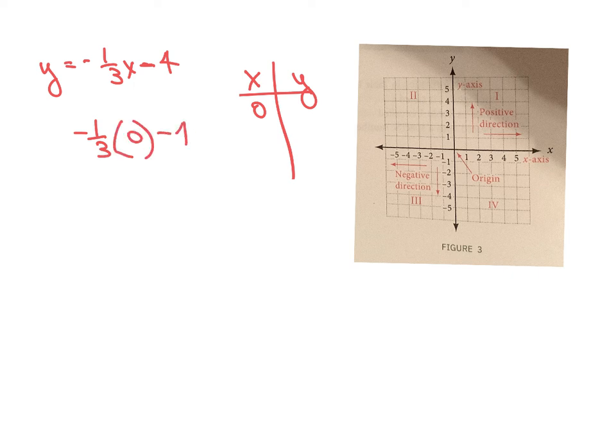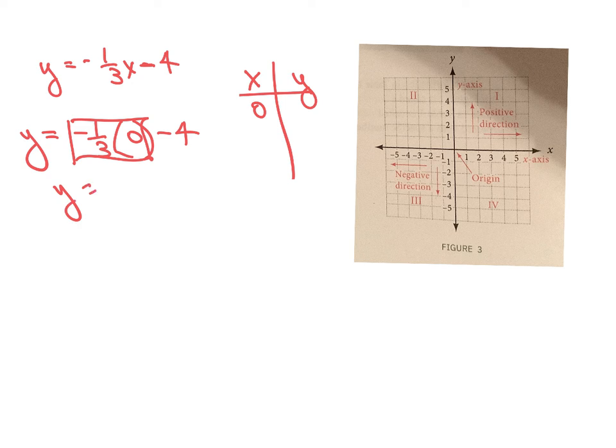If you look at example number 5, I'm going to put an X and a Y here. One of the things I want you to see is this negative 1/3. So I know it's going to go downhill from left to right. And let's go ahead and put some numbers in. We're going to put a 0 in for x. When I put 0 in for x, when I multiply that, I get 0.